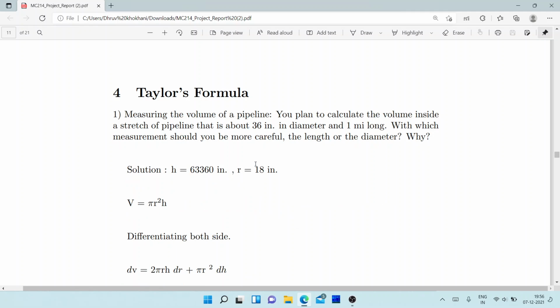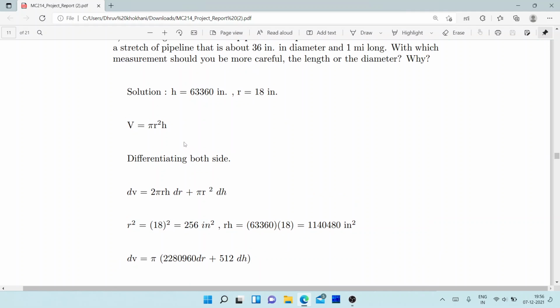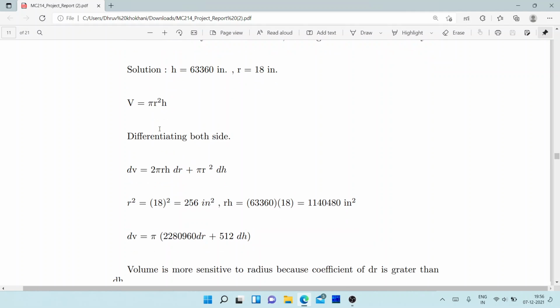In this question, we have to find whether the volume of a pipe is more sensitive to change in radius or change in length. The diameter of the pipe is 36 inches and the length of the pipe is 1 mile. So the volume of the pipe is pi r squared h.